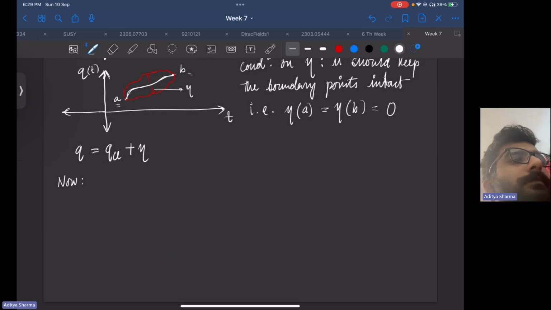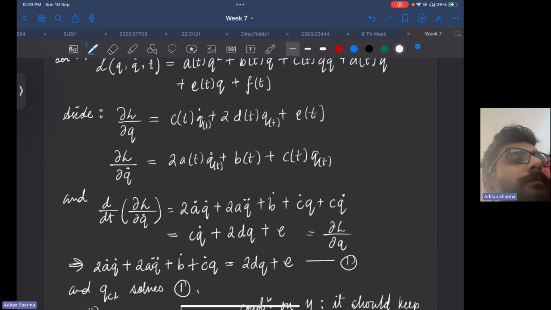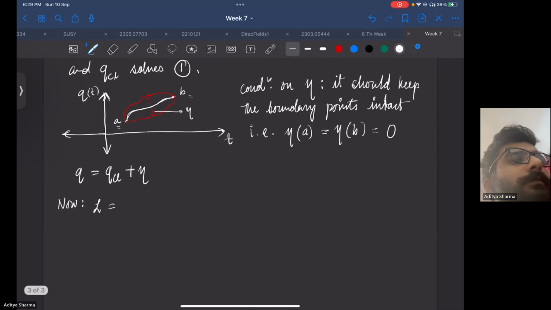Now in the action, well, before going to the action, let's go to the Lagrangian. So now in the Lagrangian, we just put this q and see what we get.